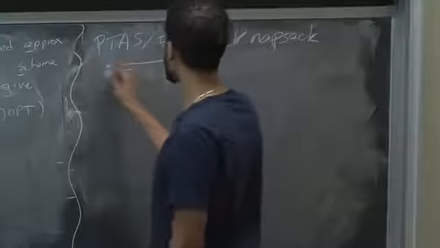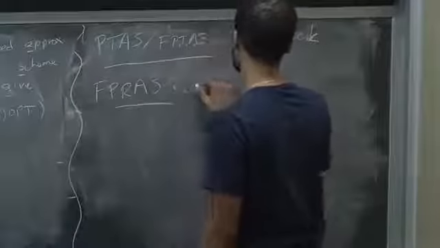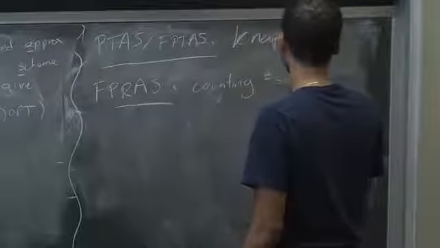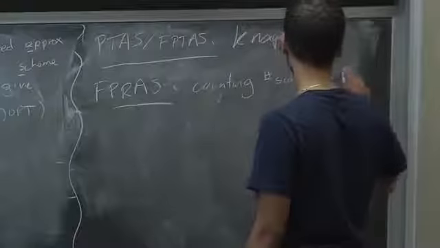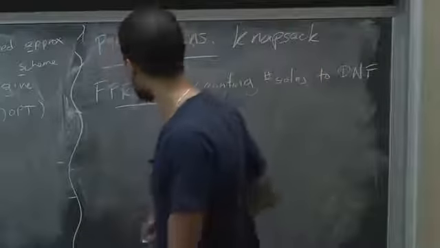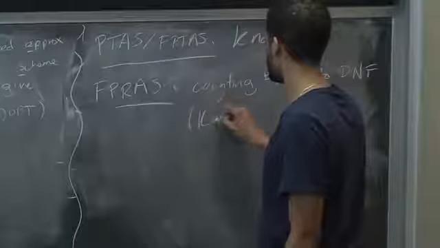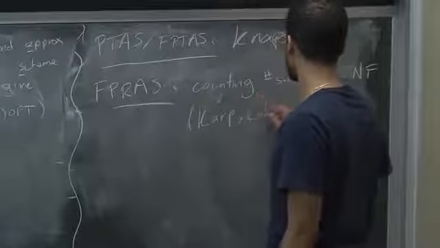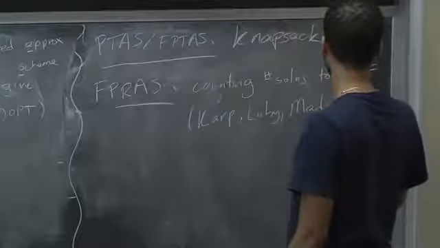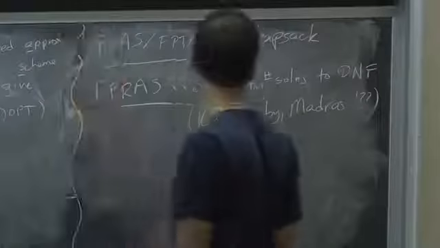And I'll show an FPRAS for counting the number of solutions to a DNF. This is due to Karp, Luby, and Madras, I believe, and I don't remember the year right now.